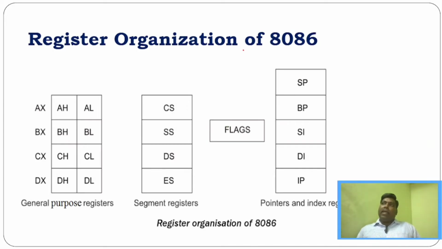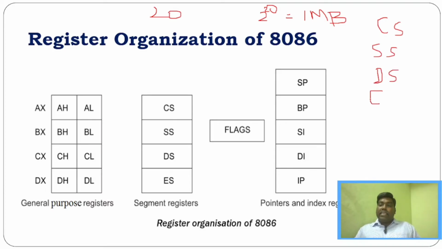And before seeing the pin diagram and architecture, you have to be very familiar with the register organization of 8086. As I said, you have 20 address lines. If we say 20 address lines, then it is 2 to the power of 20, so it will be capable of having 1 MB of memory locations. So this memory is normally split into 4 different segments: the code segment, the stack segment, the data segment, and the extra segment.